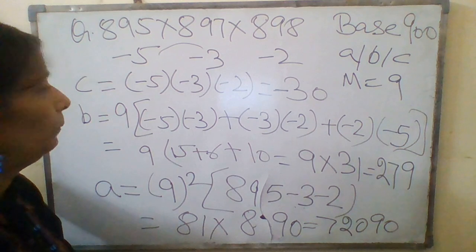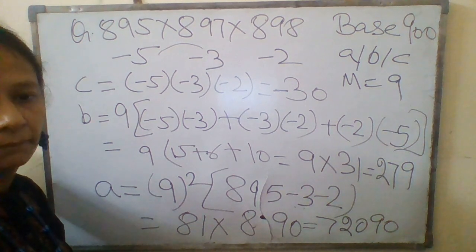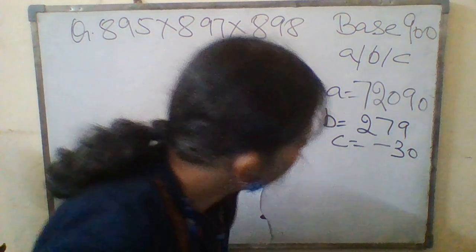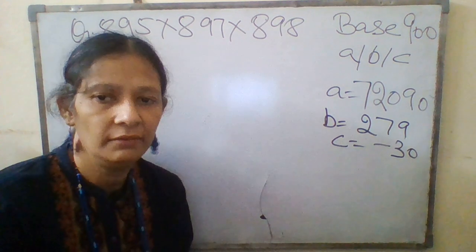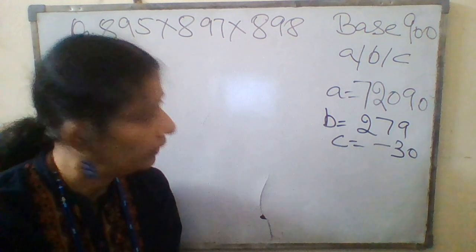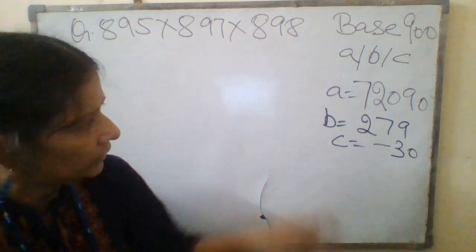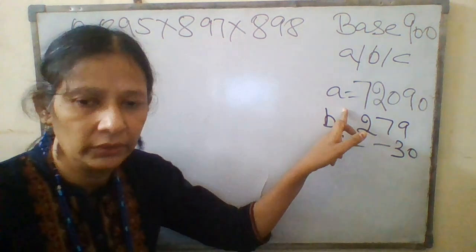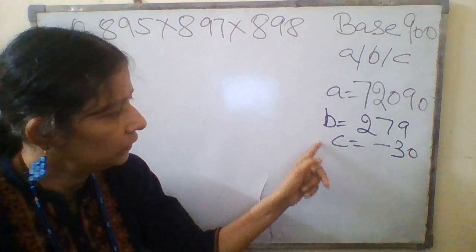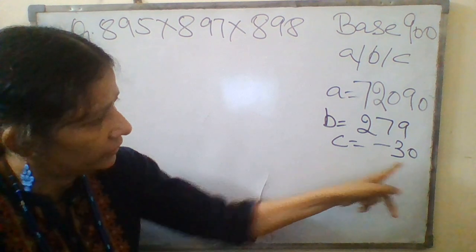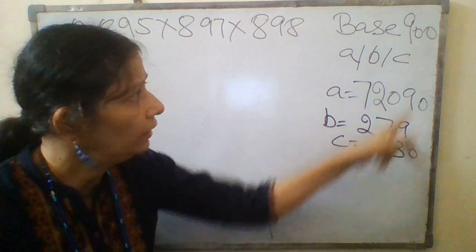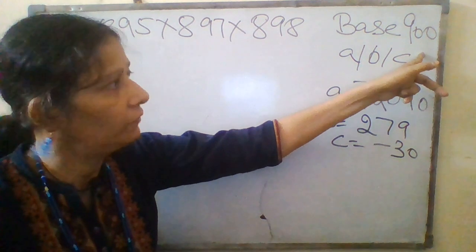Now you have to put all these values. See, in the starting of this question, I told you in this question there is a very important point I have to discuss with you. See, A you have to ignore, okay? Now you have to look at B and C. In C part, you see 2 digits are here, and in base also we have 2 zeros.